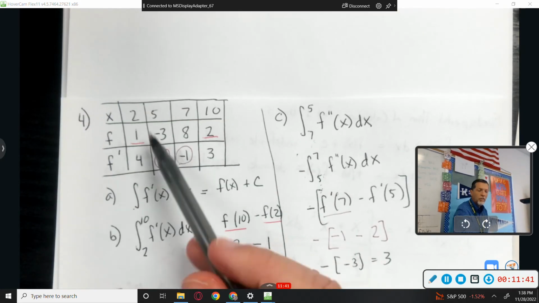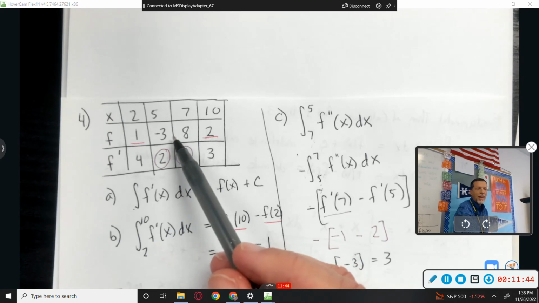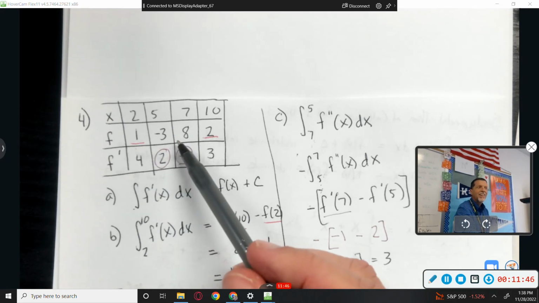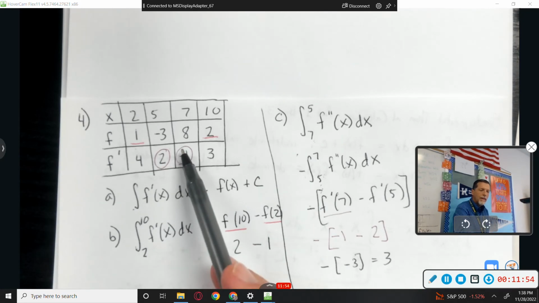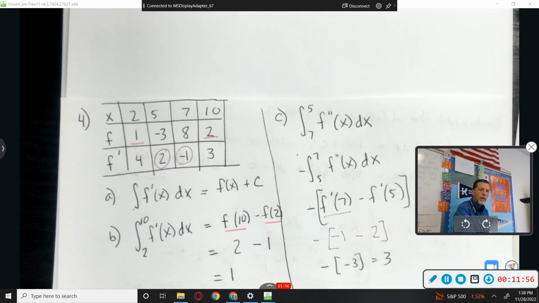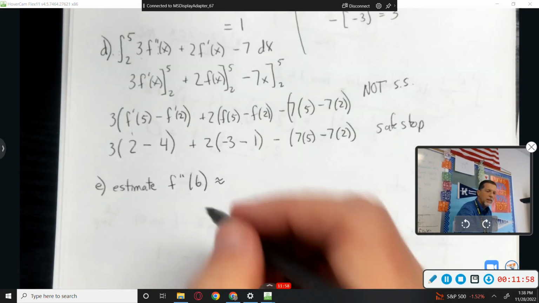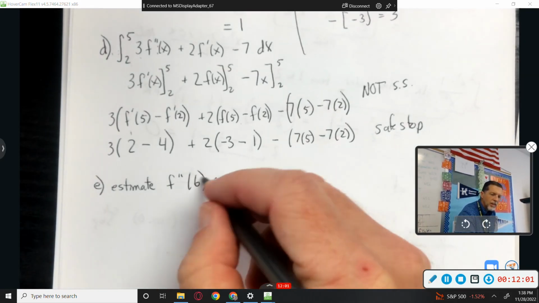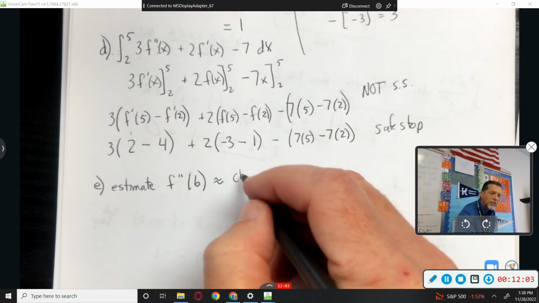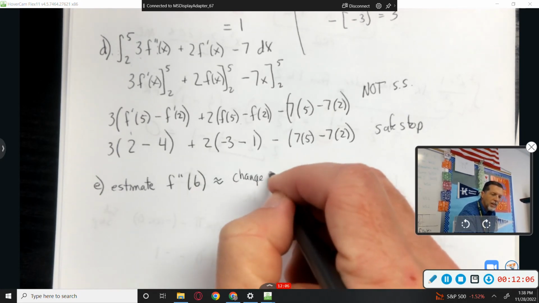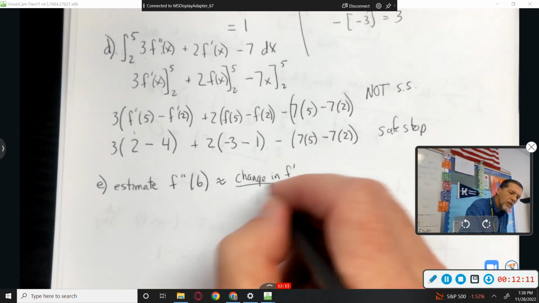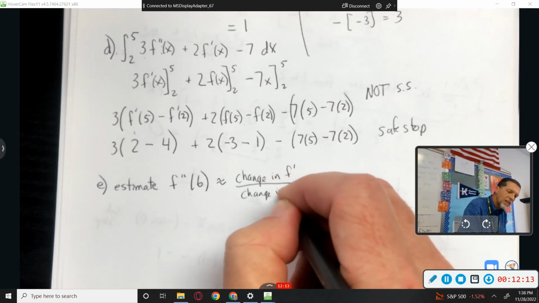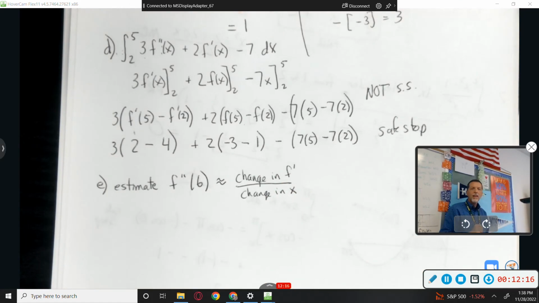Okay, so if you're thinking rectangles, that would be how we estimate area. That could have been another problem I did off this table, a Riemann sum kind of thing. So f double prime is the change in f prime over change in x. I mean, it's approximated by that.